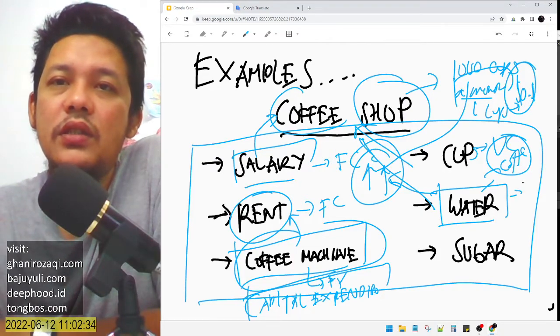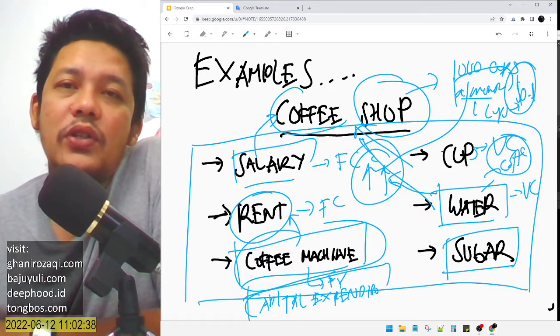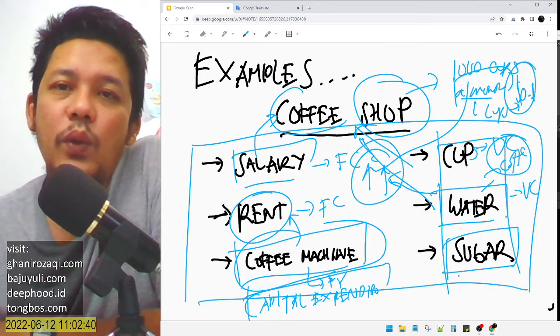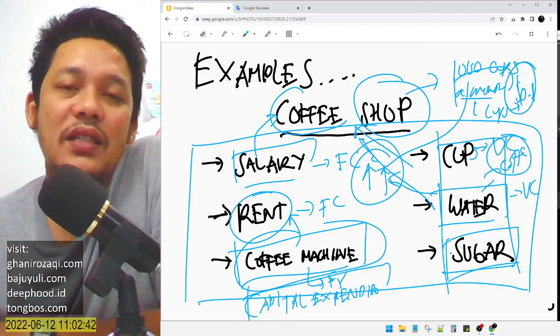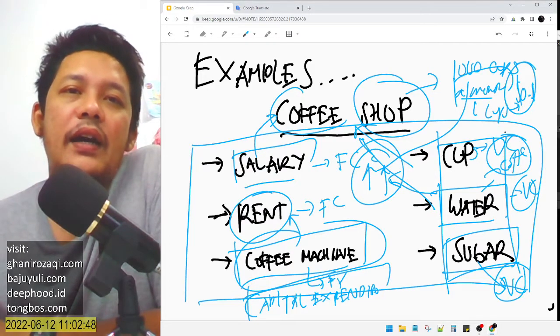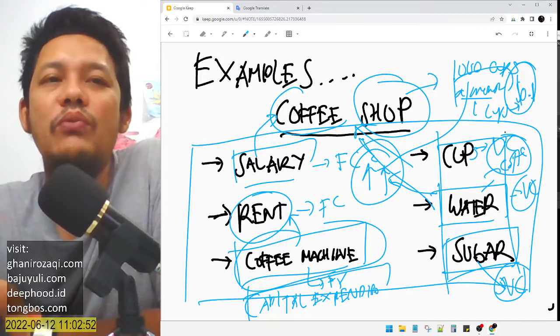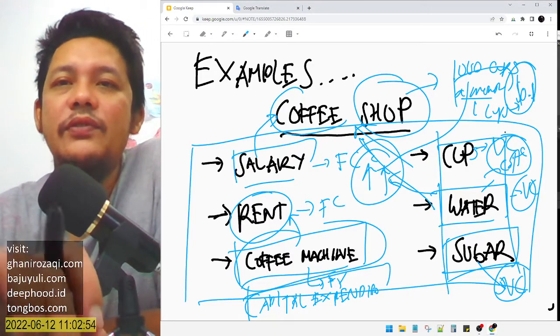So water is a variable cost, and then sugar, of course, is similar to cup and water because it's highly sensitive to the output of your coffee shop. So sugar is a variable cost. I hope this example helps you understand more about fixed cost versus variable cost.